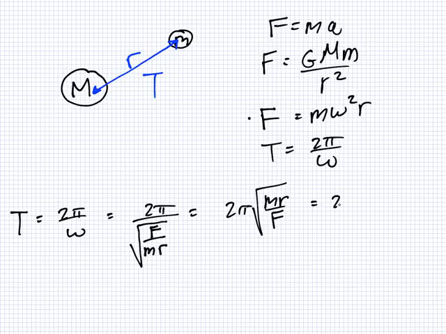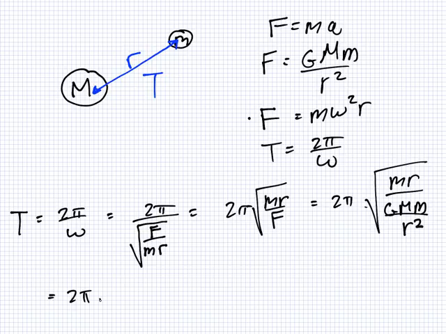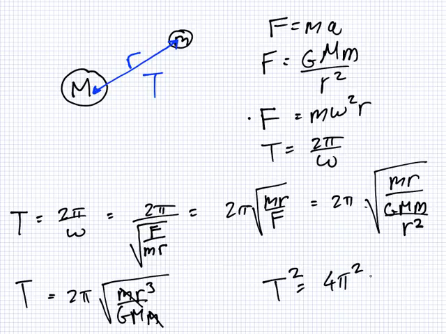which is equal to 2 pi root mr over GMm over r squared, which is equal to 2 pi root m r cubed over GMm. So the small m's cancel, and if I square both sides, I get T squared equals 4 pi squared over GM times r cubed.